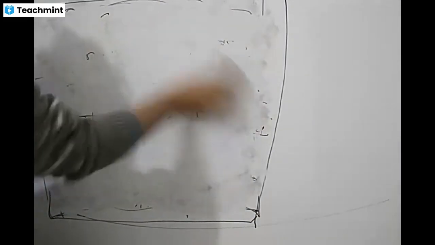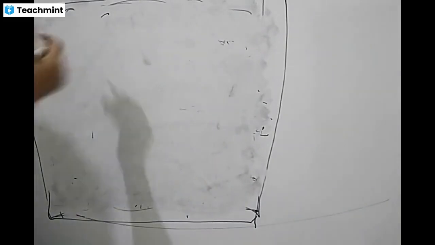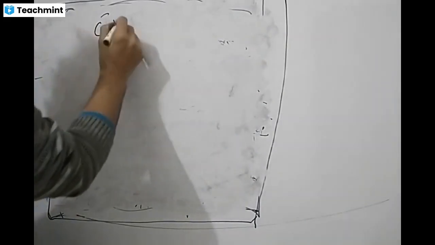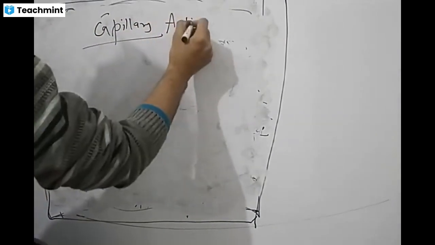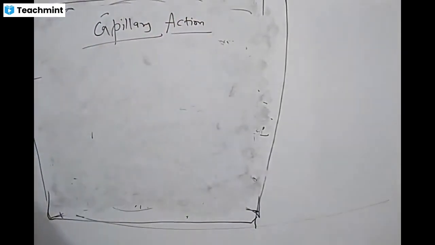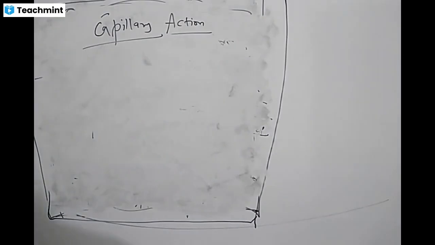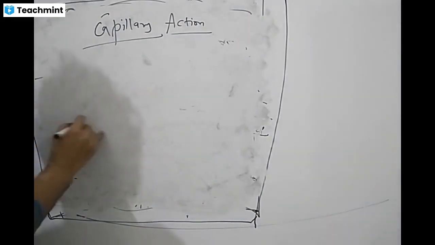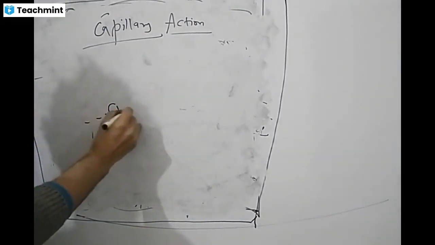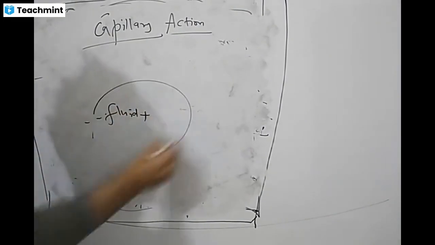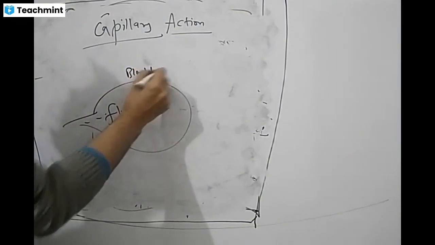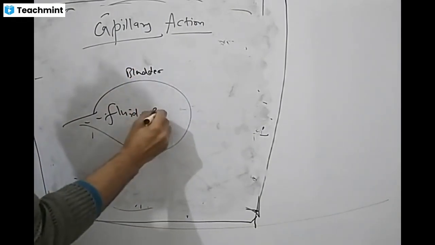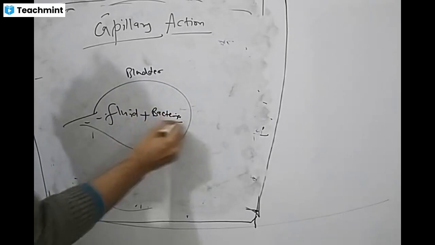Why study the structure of suture material? There is one next characteristic which is called capillary action. Capillary action means, suppose this is the fluid inside the bladder, and it is having bacteria.